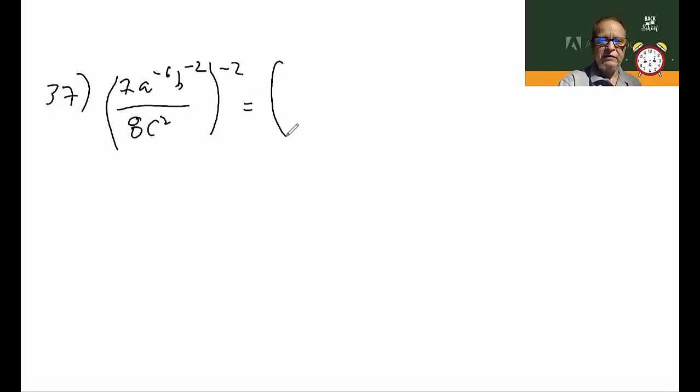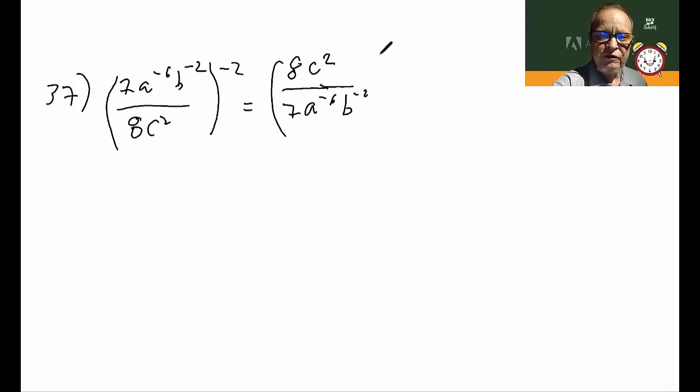So that means that I'll have 8c squared over 7a to the negative 6, b to the negative 2, and that'll be positive. Notice how these still remain negative inside there. The only thing I did was change this negative sign to positive by flipping this over.